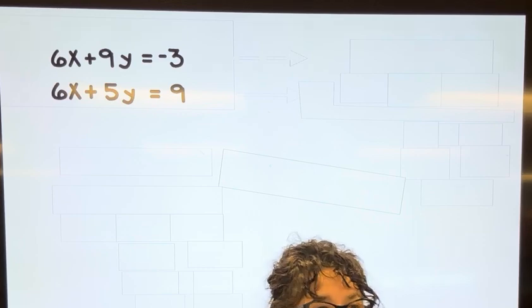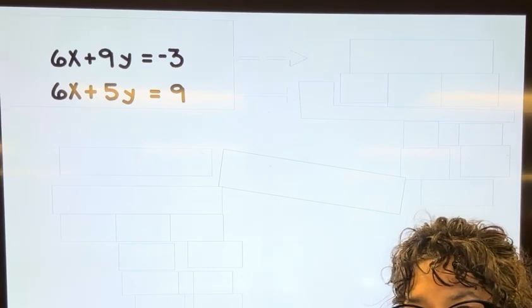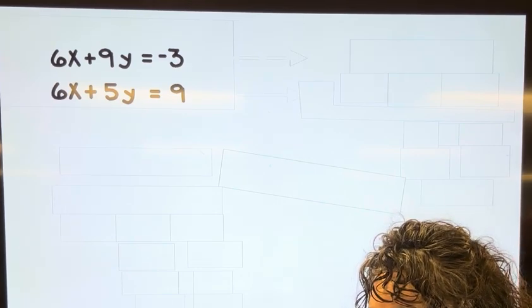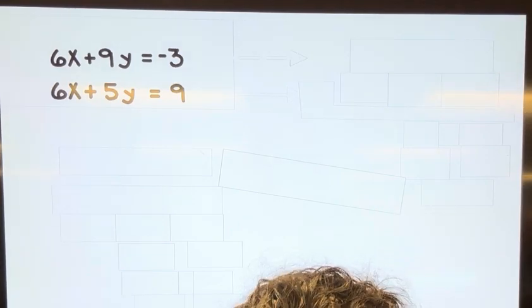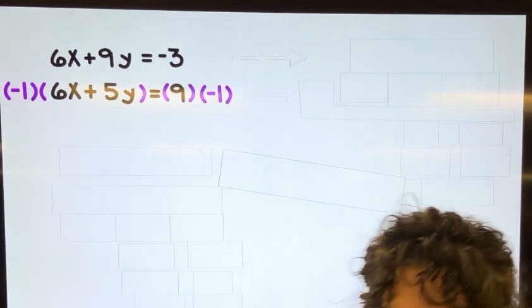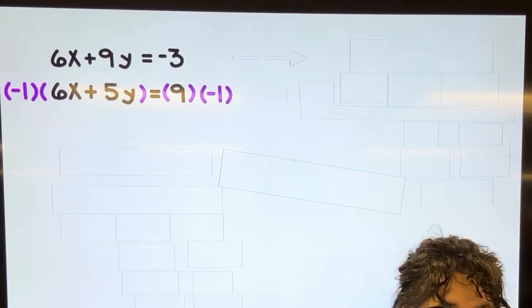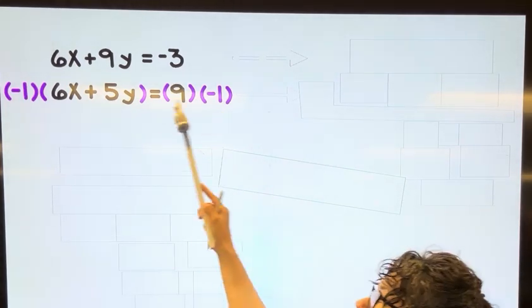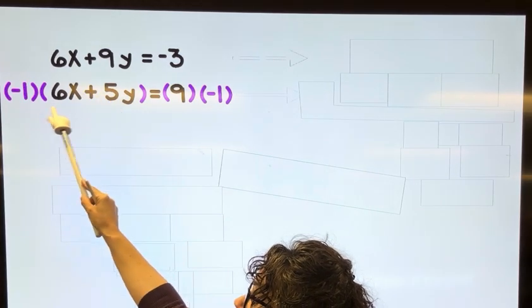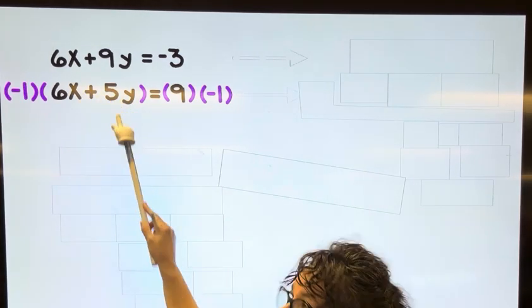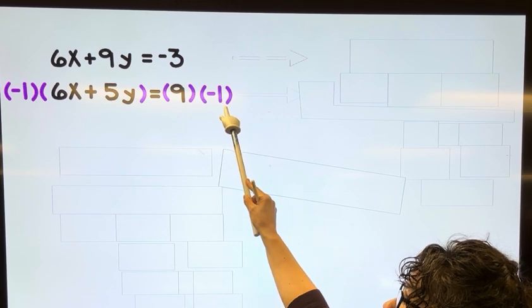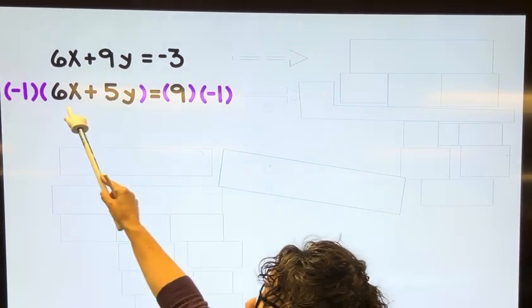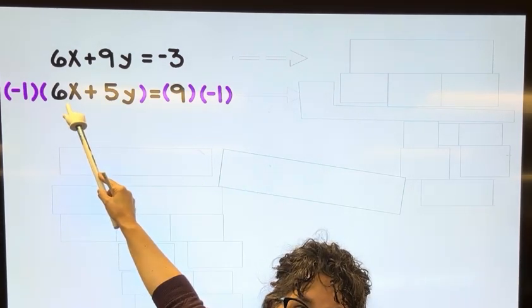And to turn a 6x into a negative 6x, we multiply by -1. Okay, it doesn't matter which equation I decide to do this for. For no particular reason, I'm just doing it to the bottom one. I'm going to multiply the left side of this equation by -1 and the right side of the equation by -1 to accomplish making that negative 6x.